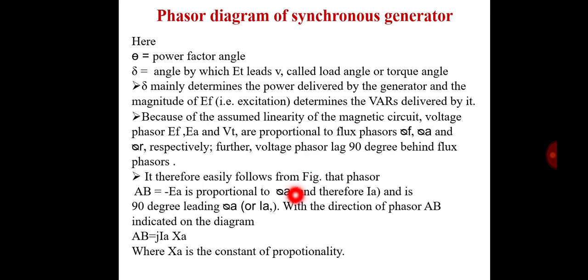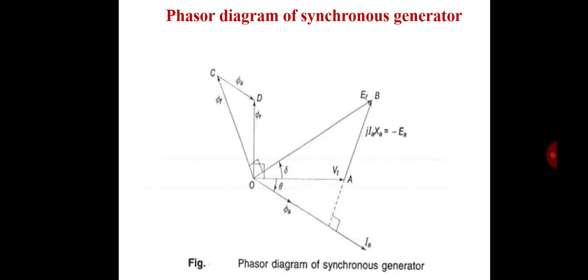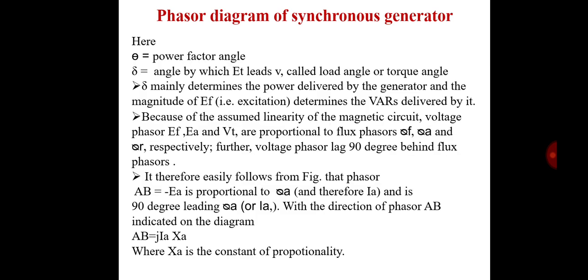It therefore easily follows from the figure that AB, which is minus EA, is proportional to phi A and leads phi A by 90 degrees, with the direction of phasor AB indicated on the diagram. So AB is equal to jIa XA, where XA is the constant of proportionality.